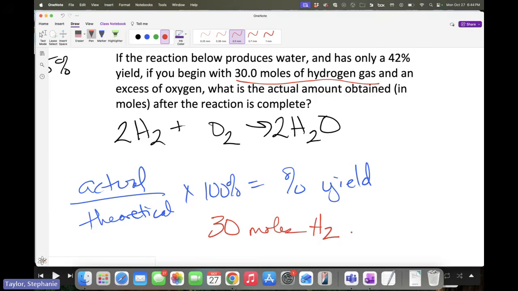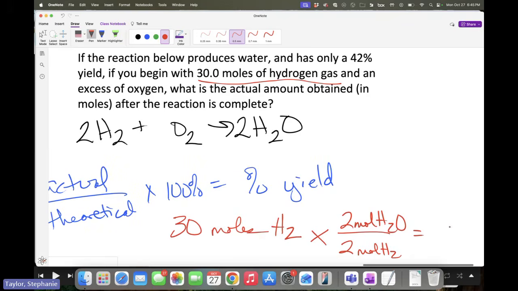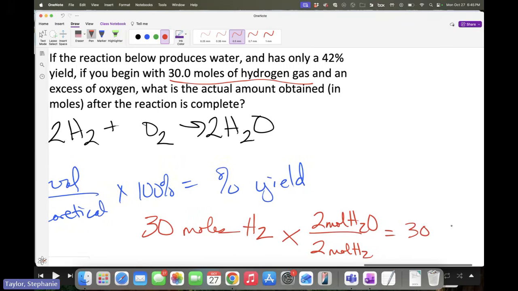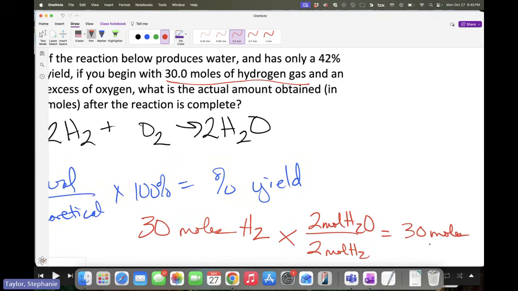What you should note is that for every 2 moles of hydrogen, I get 2 moles of water. So this is just a 1-to-1 ratio, which tells me that I do in fact get 30 moles of water. But that then is my theoretical yield.